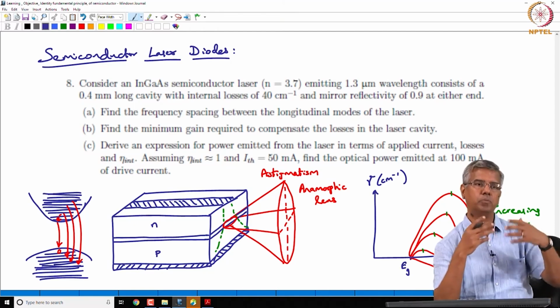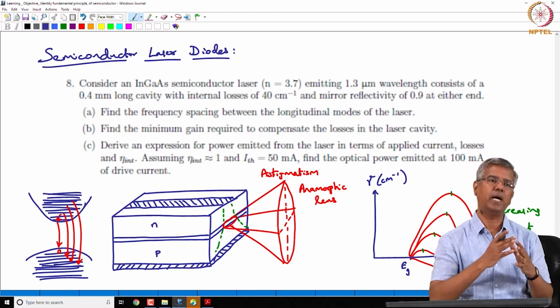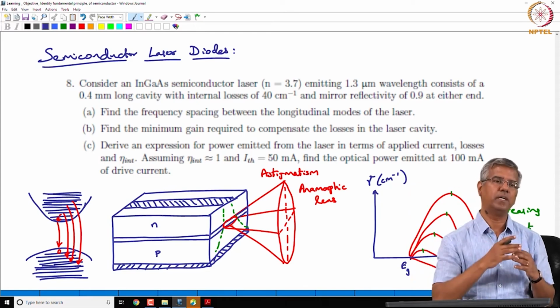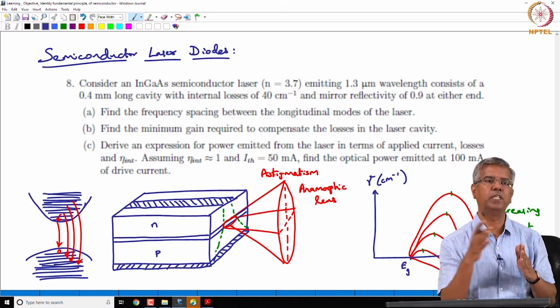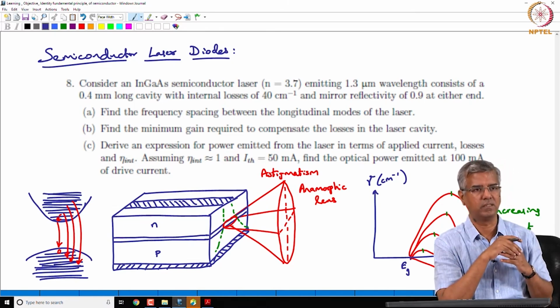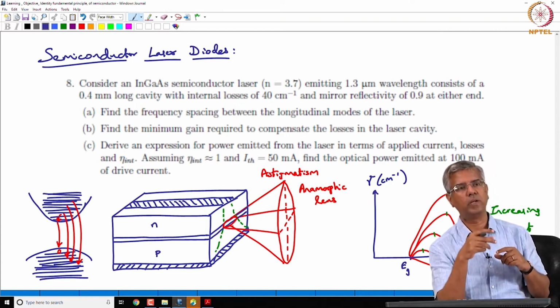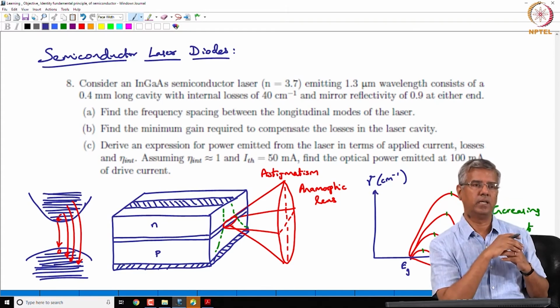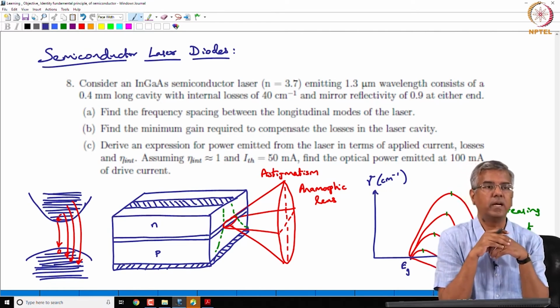But as you populate more and more electrons in the higher energy levels, you start having this possibility of the peak shifting to higher energy levels, because you are starting to have more electrons in the deeper states, and then you would have this emission.